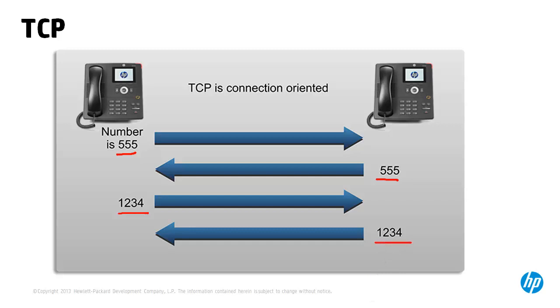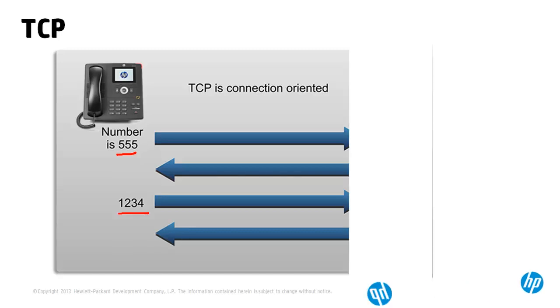That's how we as humans can relay information via telephone and ensure that the data was received properly by the other party. Now, in TCP environments, the information is not echoed or read back to the sender, but there is the use of sequence numbers and acknowledgements to ensure successful delivery or successful receipt of information.